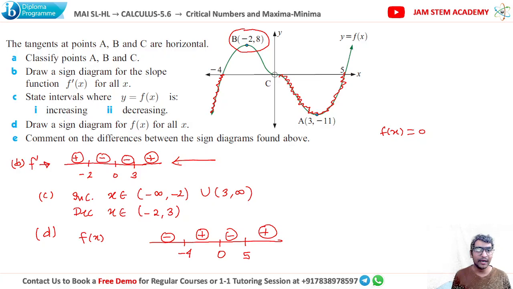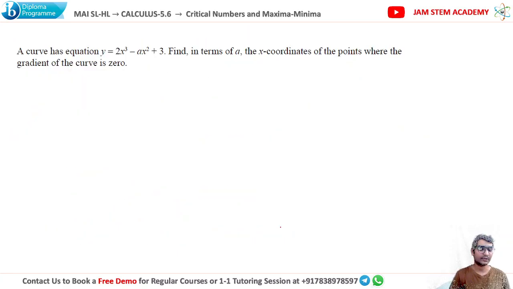But the D part, the sign diagram for f of x, gives us the regions in which the value of f of x is positive or negative, but nothing about local maxima or minima. It only tells us the points where the graph cuts the x-axis, or where it is above or below the x-axis. That information you can get from here.